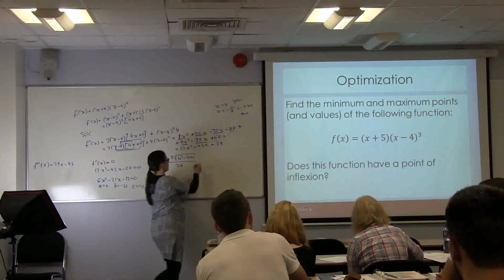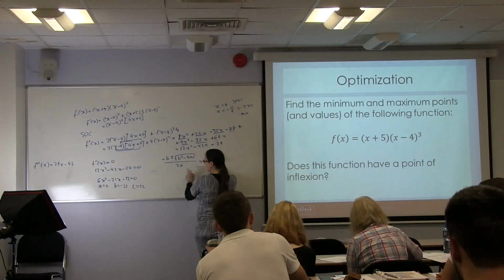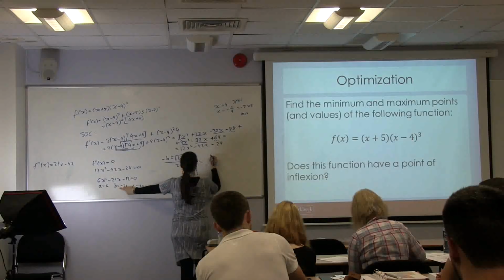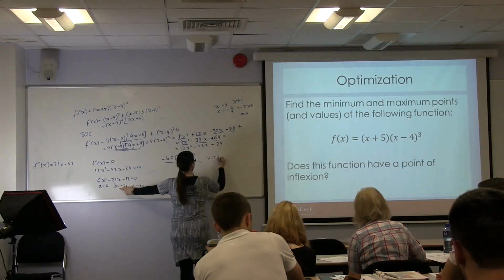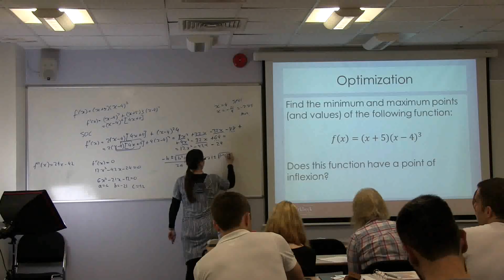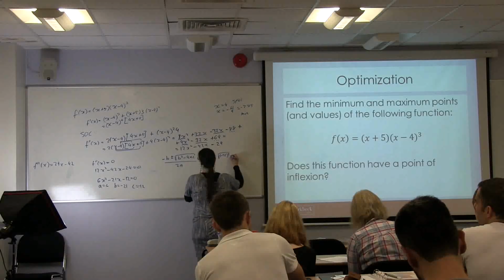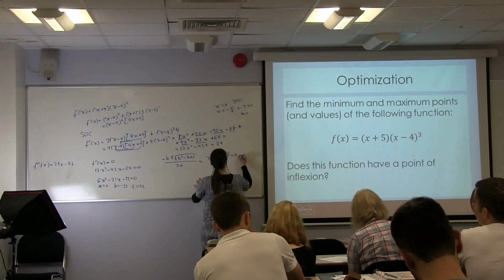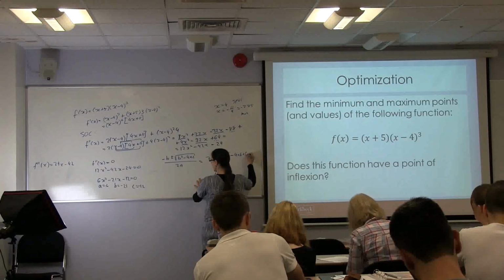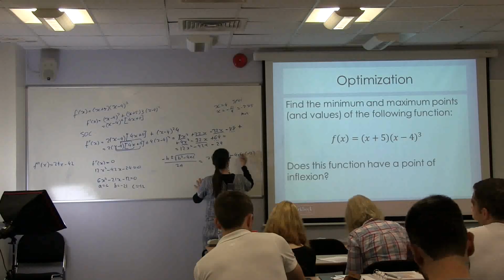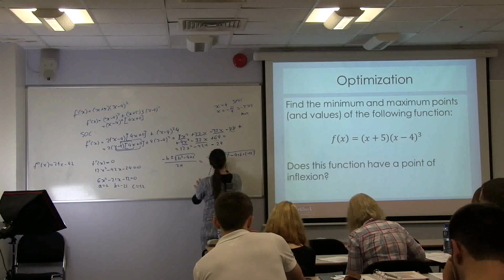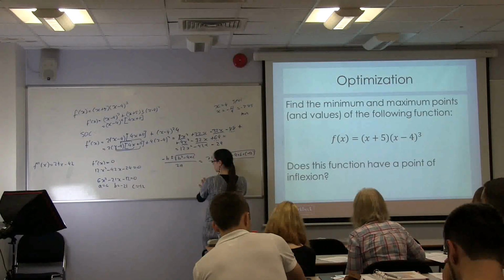Okay? So this will be minus b, so minus 21 is 21, plus minus the square root of minus 21 squared, minus 4 times 6 times minus 12, over 2 times 6.